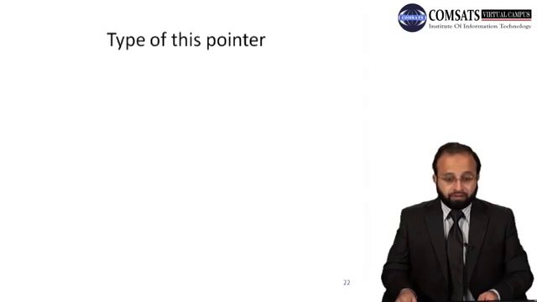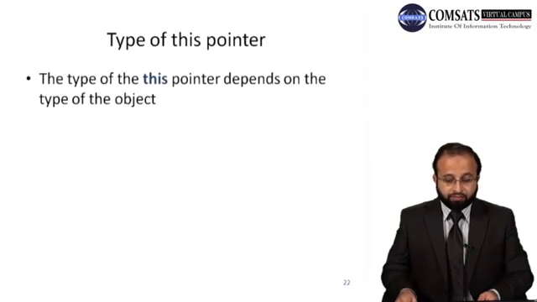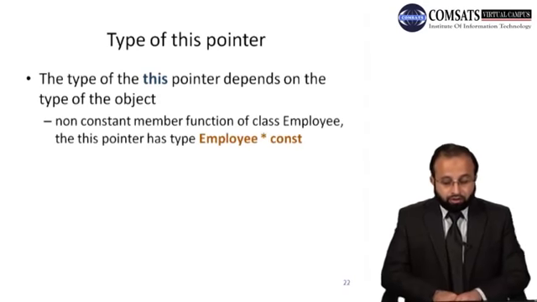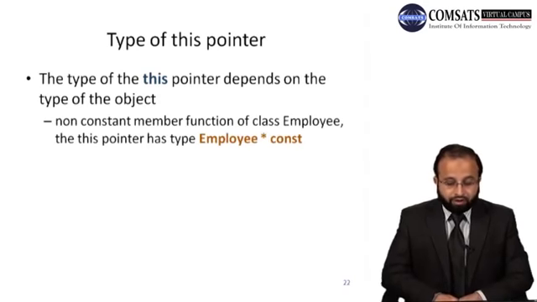Now what is the type of the this pointer? The type of the this pointer depends upon the type of the object. For a non-constant member function of the class Employee, the this pointer has type Employee * const. So if the function is a non-constant member function of the Employee class, the type of the this pointer will be Employee * const.